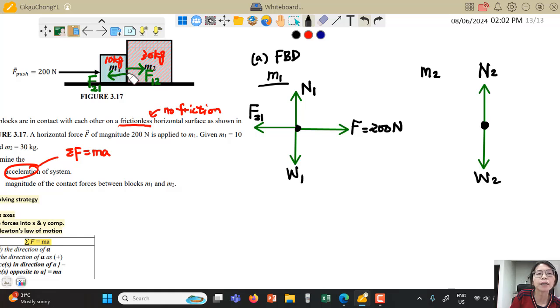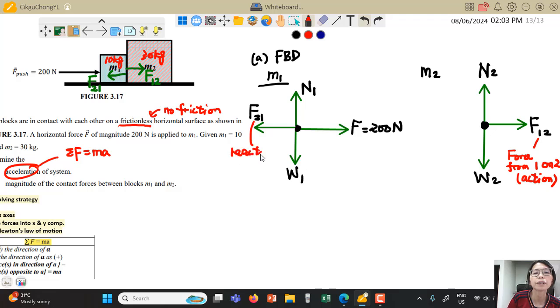At the same time, M2 will feel the action force from M1 pushing it forward. So we have F12. F12 means the force from object 1 on object 2, which we call the action force. And F21 is the reaction force. When M2 feels M1 pushing it forward, M2 reacts back according to Newton's third law, so it pushes M1 backward.